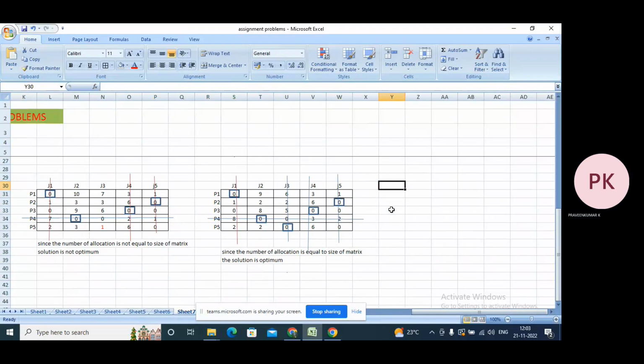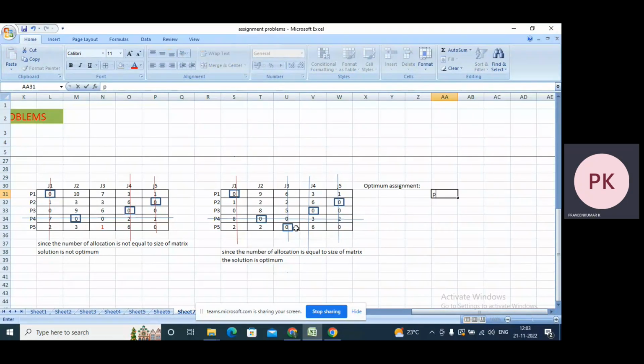The optimum assignment is P1 J1, then P2 J5, and next one is P3 and J4.